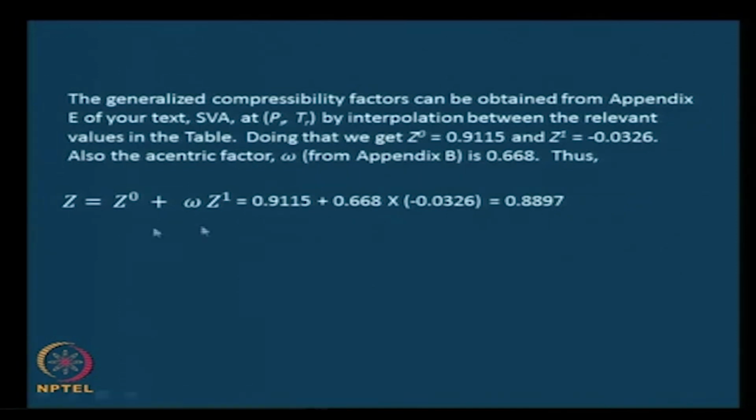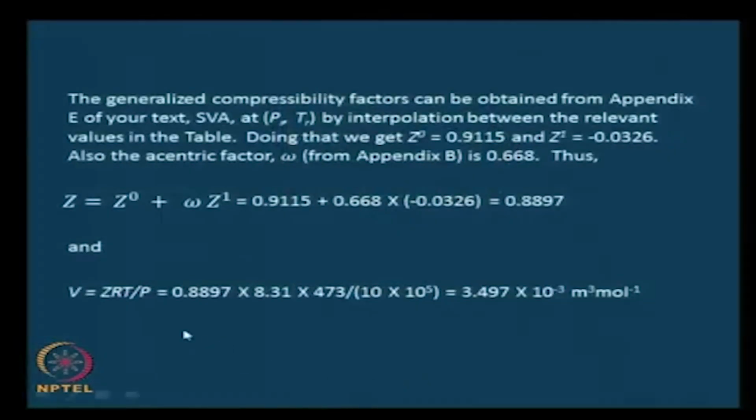You have enough basis; you know that Z equals PV by RT. So please go ahead and do it. Let us continue. Transposition gives V equals ZRT by P, the molar volume.